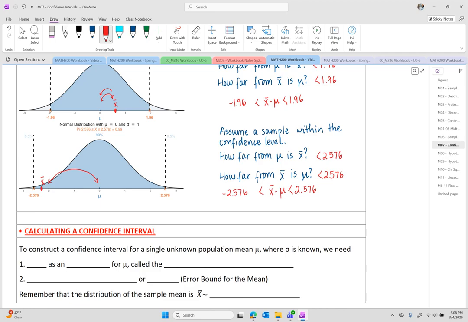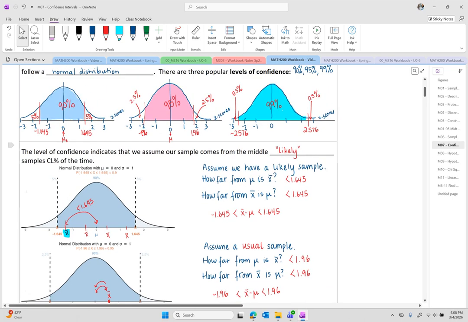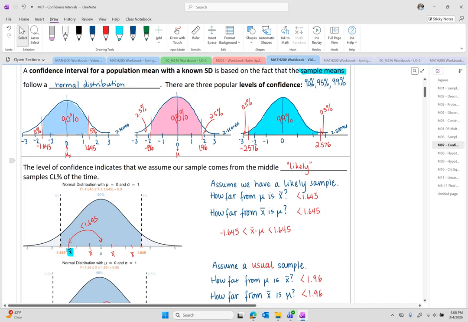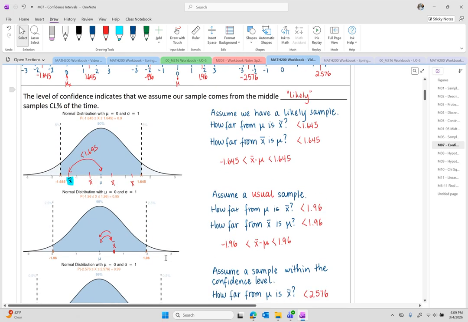So as we are creating a confidence interval for a population mean, if we know the standard deviation, which will result to the fact that we know the mean follows a normal distribution, we can be 90% confident that the real population parameter, the mean corresponding to a z-score of 0, will be less than 1.645 standard deviations away from my sample mean that I have calculated. 95% of the times it will be less than 1.96 standard deviations away from the sample mean that I calculated.